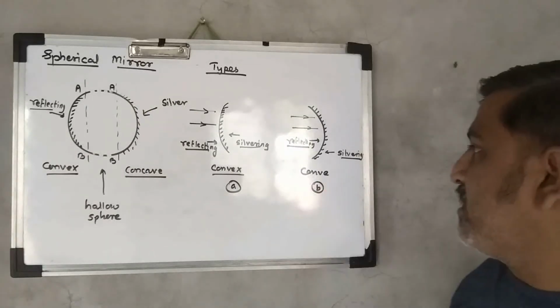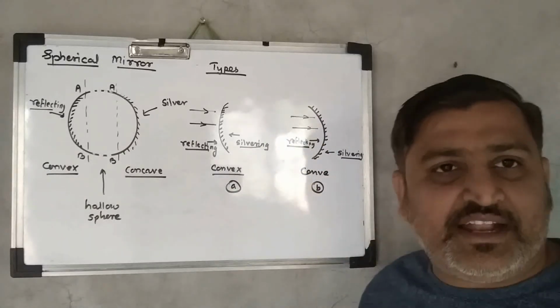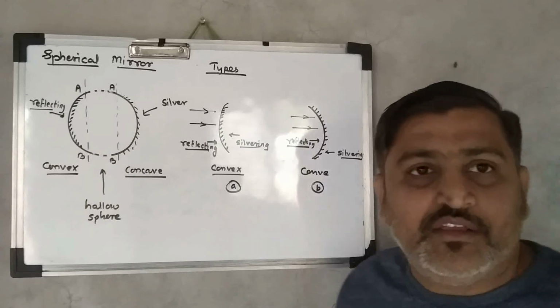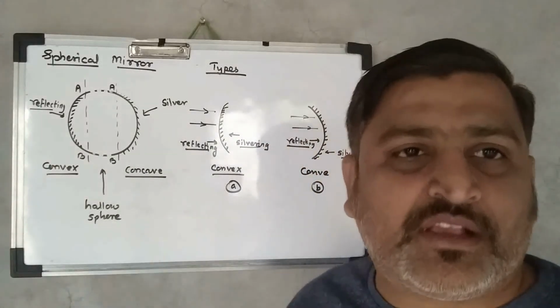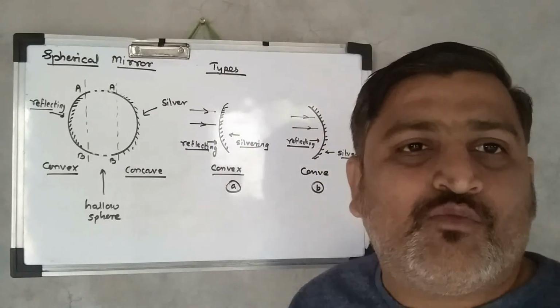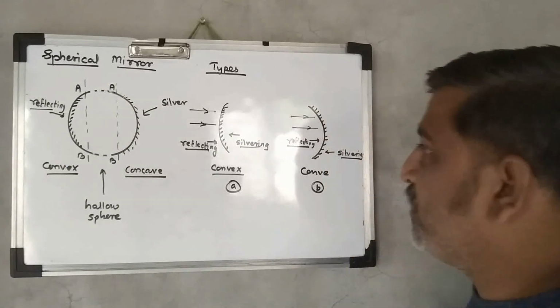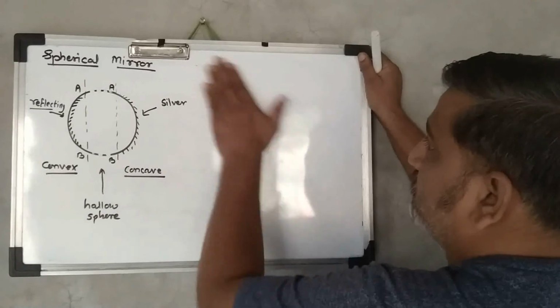In the case of concave, it is exactly opposite. Reflecting is taken inside and silvering is done from outside. Now we are going to study the different concepts related to the spherical mirror. Let's start one by one.